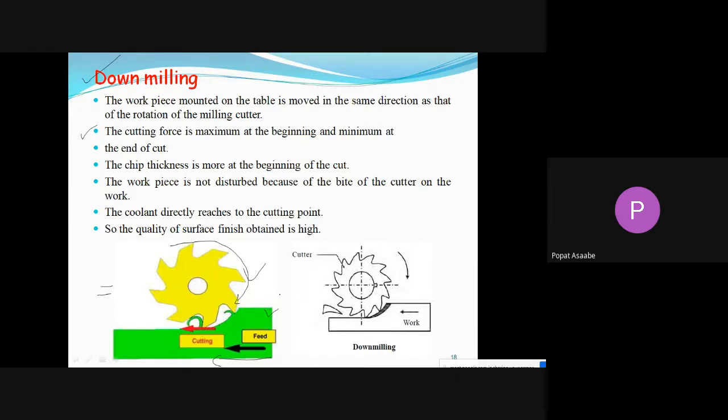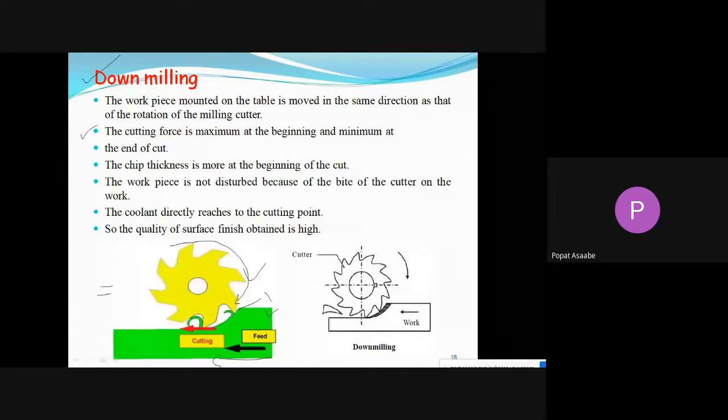Okay, and during down milling, initially it will create the maximum cutting force, and at the end it will create the minimum cutting force.